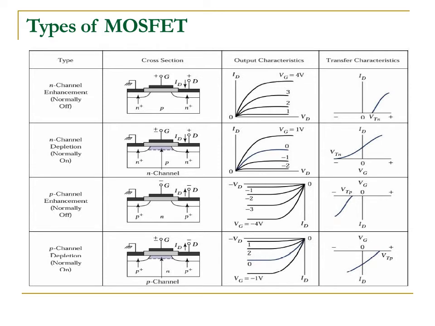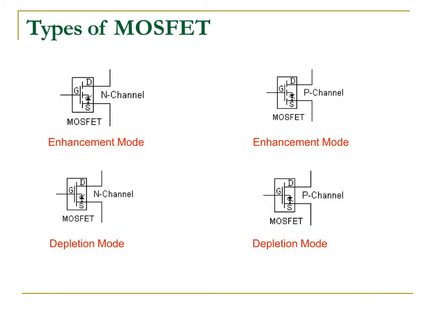Similarly, in p-type material, all the values of ID we get are in the fourth quadrant, meaning that the value of VD is negative here. We will not be interested in transfer characteristics.